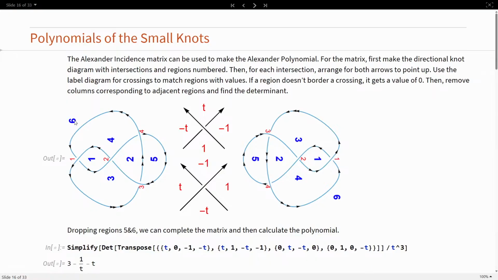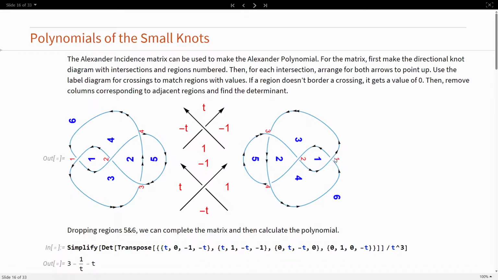And then for a given intersection, for example, intersection 1 over here in this version, we arrange it. Oh, no, I forgot to mention. And we also put a directional arrow on the knot so that it's oriented.